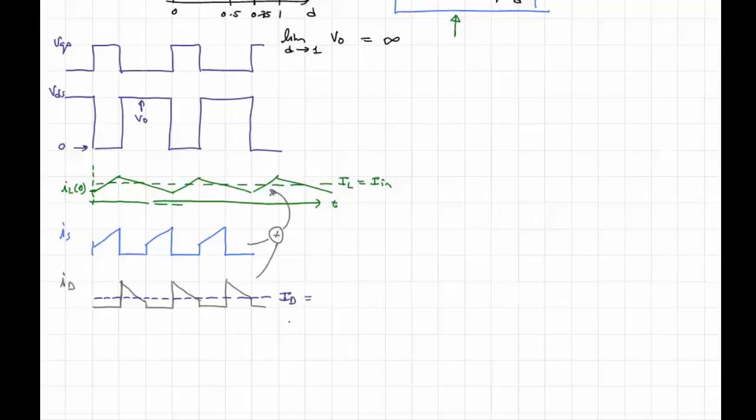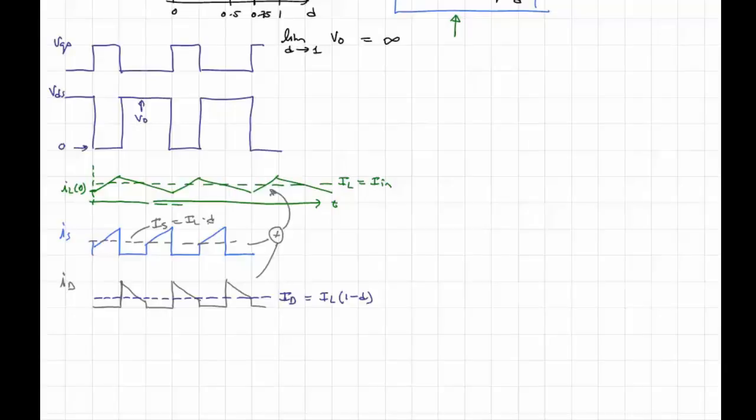It's going to be equal to the input current, which is the average inductor current, times 1 minus the duty cycle. And the average transistor current, which is the average switch current, will be the inductor current times the duty cycle.